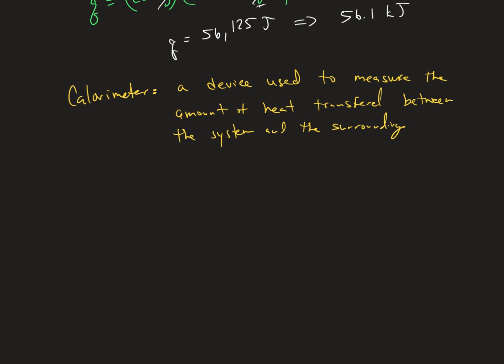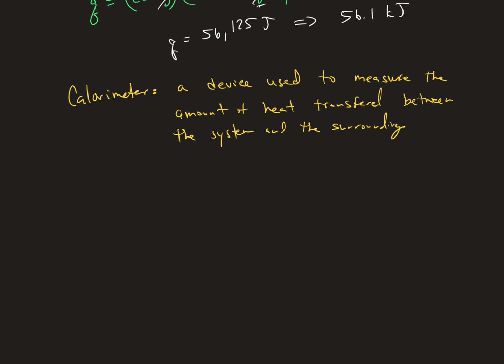So you put a chemical reaction in one of these things, and you can determine how much heat, therefore convert joules into calories, and then you can throw it on your food label and sell it, right? And if it has too many calories, then you adjust your recipe so that more people want to buy it. Okay? But that's just one little teeny example you could use it for.